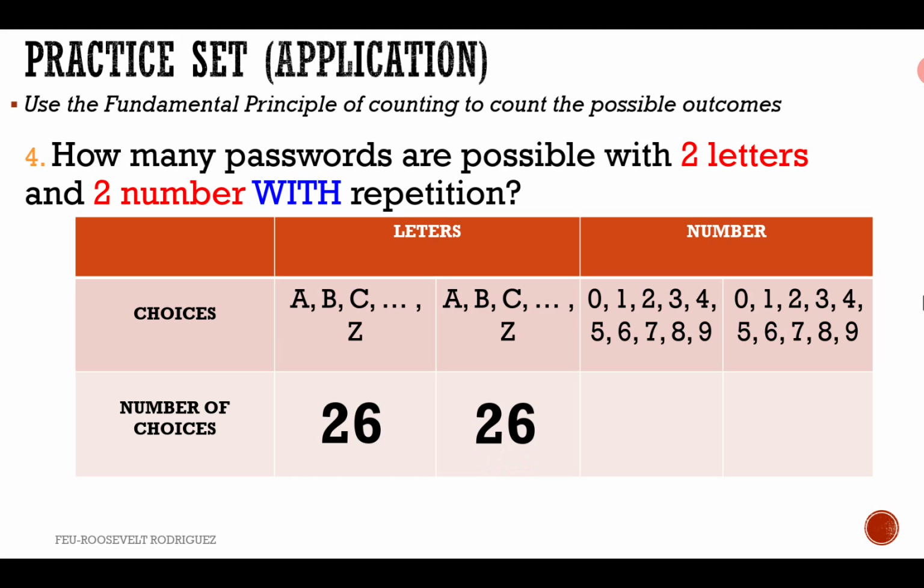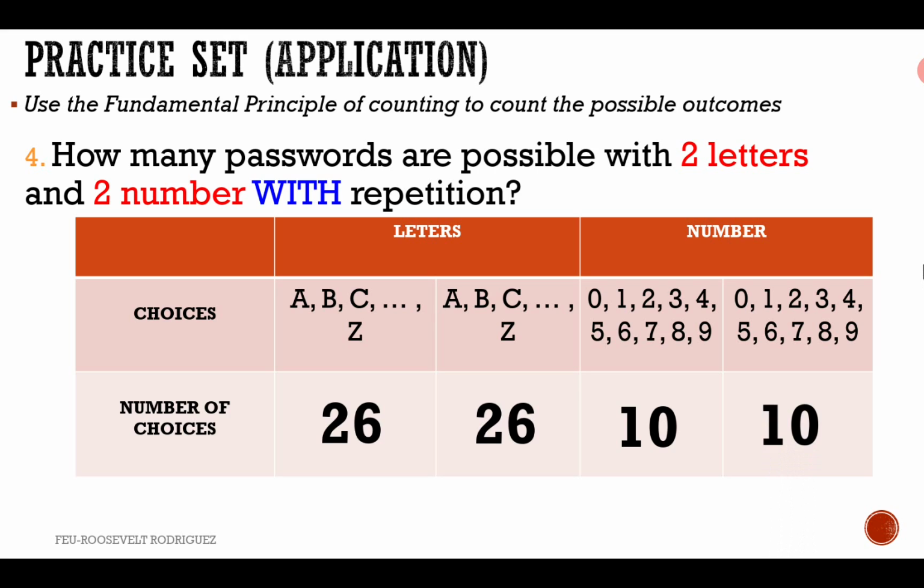Kasi yun yung number of alphabet or letters natin sa ating alphabet. Now, for our number, since we have 10 set of digits and repetitions are allowed, we have 10 as our third event. So, 10 yung possible outcomes or choices na meron tayo. And then for our second digit or number, we have this 10 set of possible outcomes. Okay? Ganito kapag repetitions are allowed.